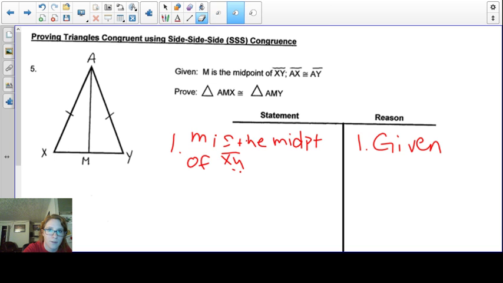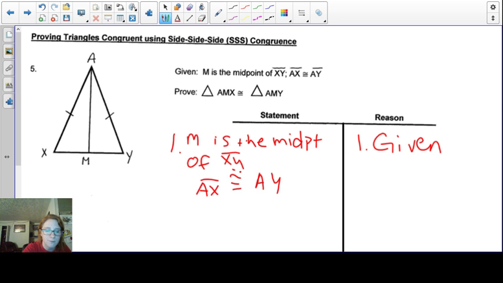And then we also know that AX is congruent to AY. Now, let's make sure that stuff's marked. Okay, my AX is marked and my AY is marked.